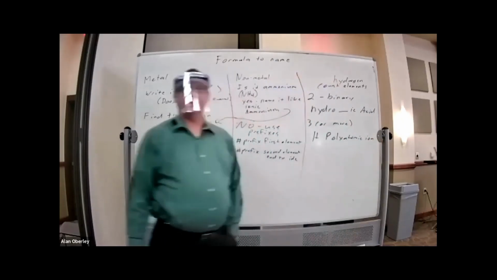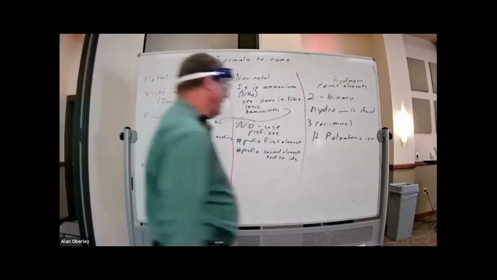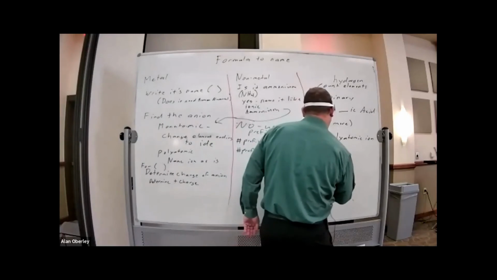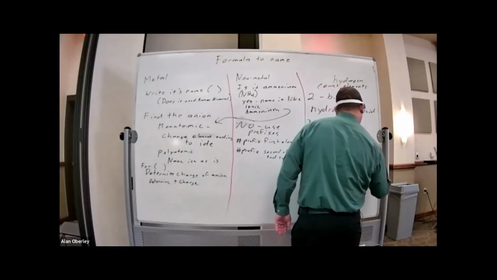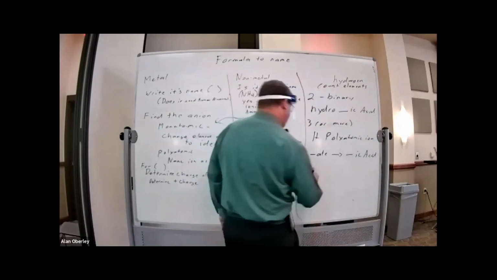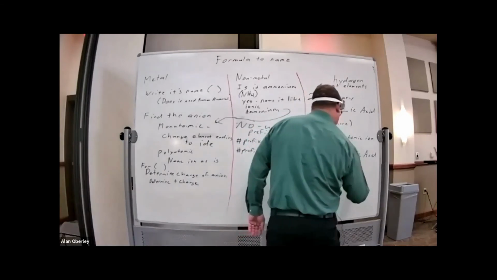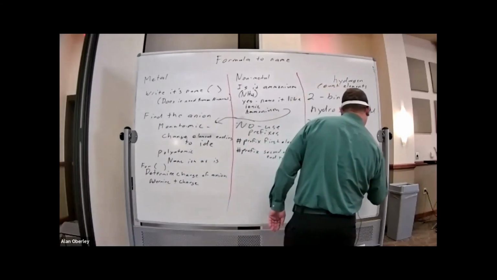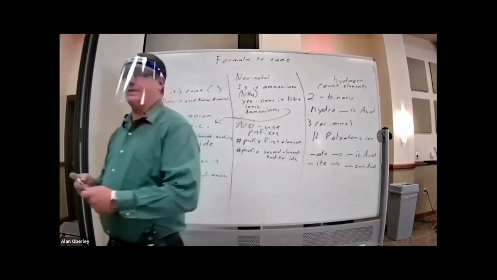So you will look at that polyatomic ion and determine its name. And if it's an ATE polyatomic, we change it to ic acid. If it's an ITE polyatomic ion, it changes to OUS acid.